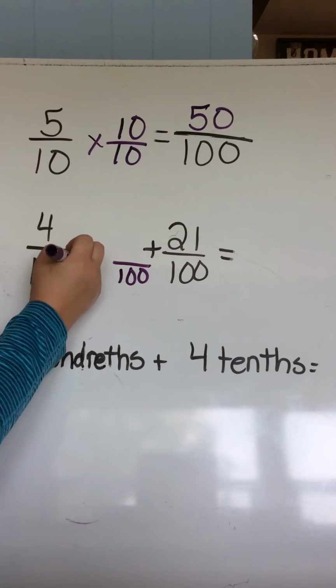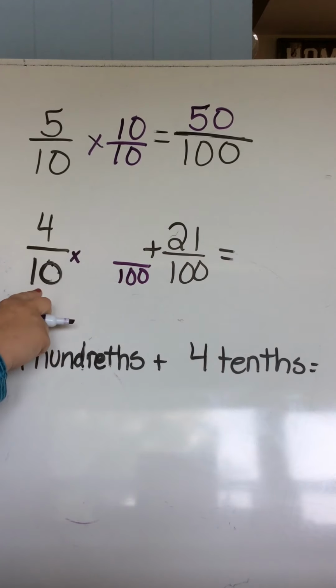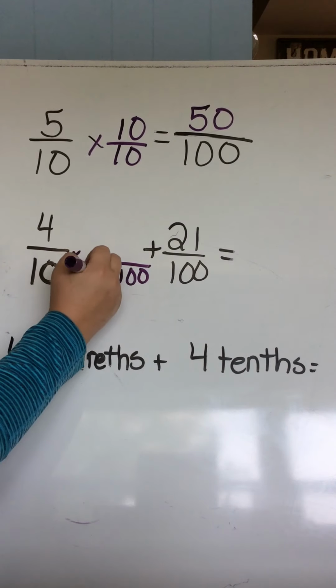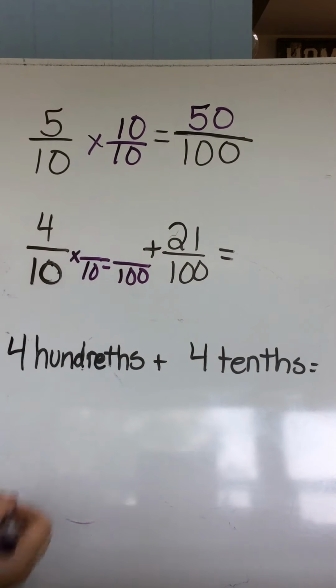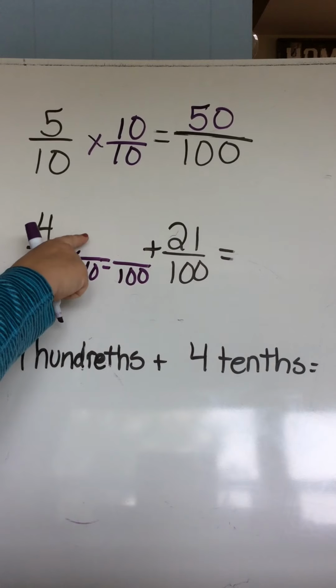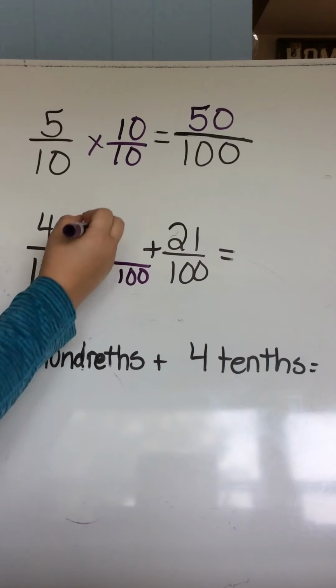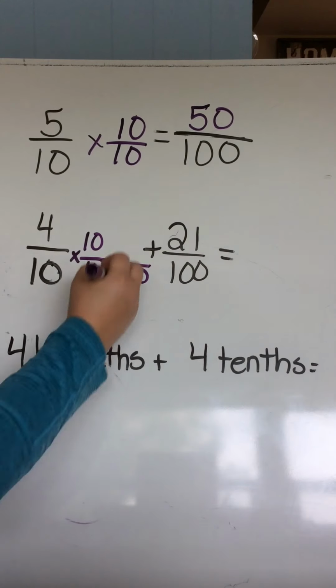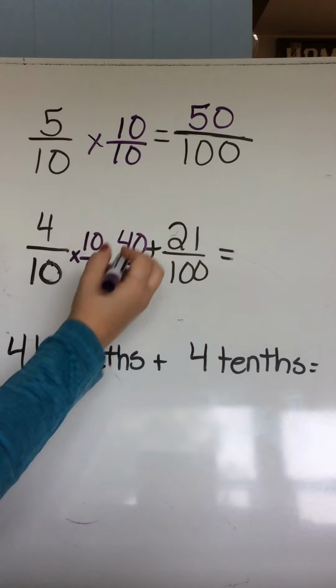So I have to find that equivalent fraction. What can I multiply by 10 to give me 100? That's right, 10. And when we're doing equivalent fractions, we know if you multiply by 10 for the denominator, you have to multiply by 10 for the numerator. Well, 4 times 10 is 40. Correct.